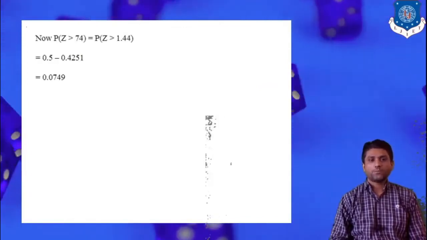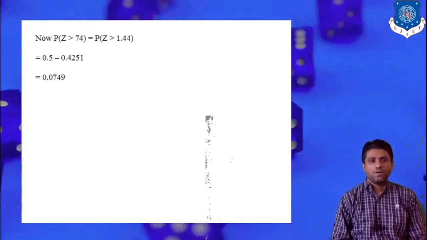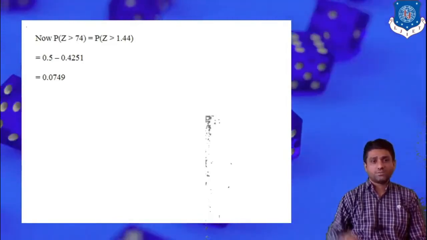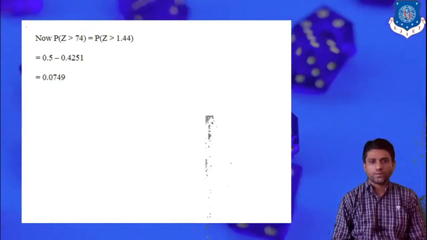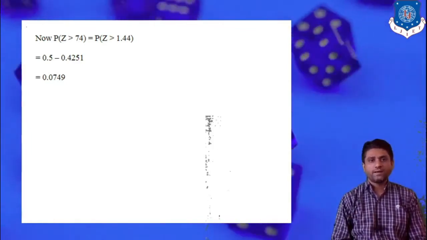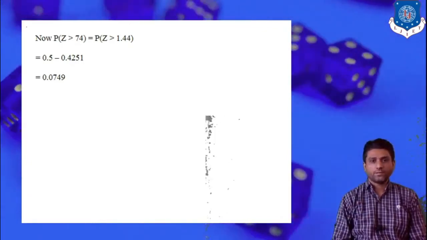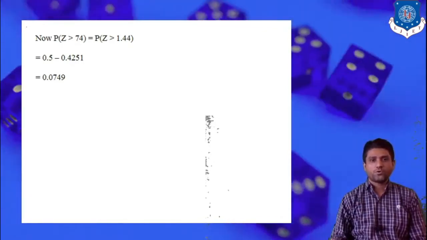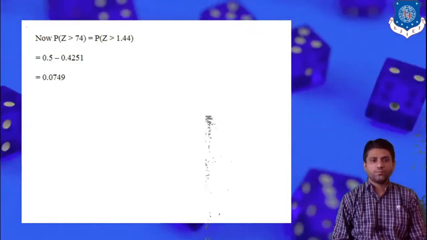The probability of Z greater than 1.44 is exactly 0.5 minus the probability of Z from 0 to 1.44, which is 0.4251. I will show you in the next slide how we can pick up this value from the standard normal table. Just remember 0.4251. So it leads to 0.0749.